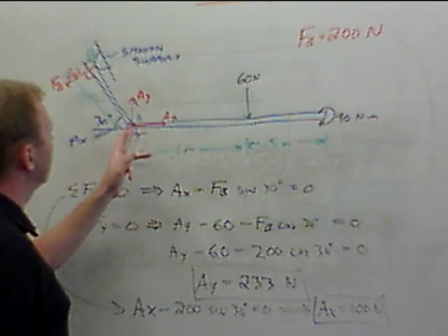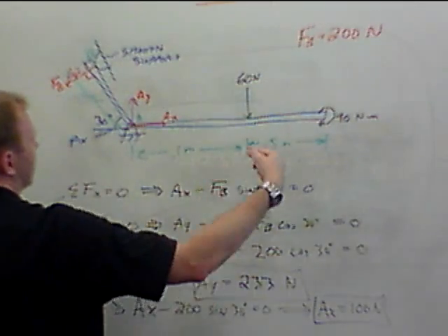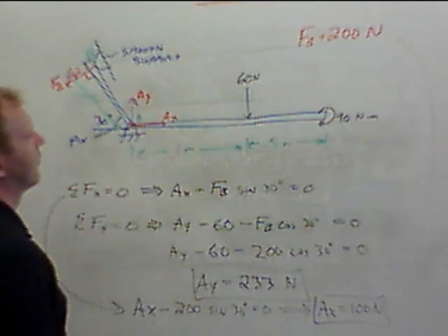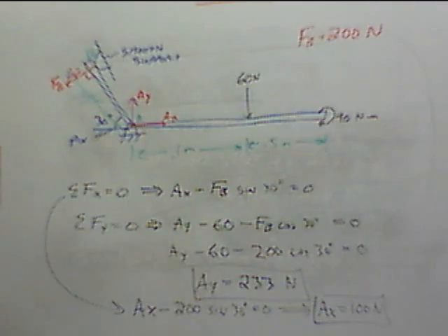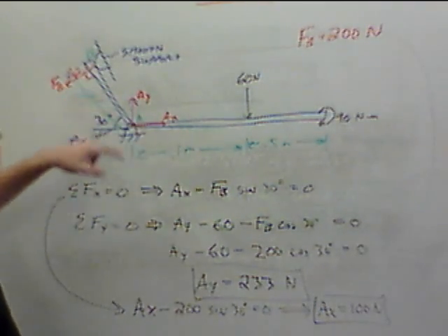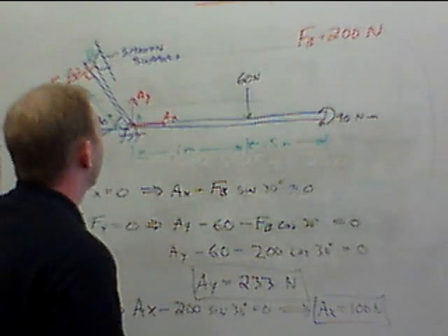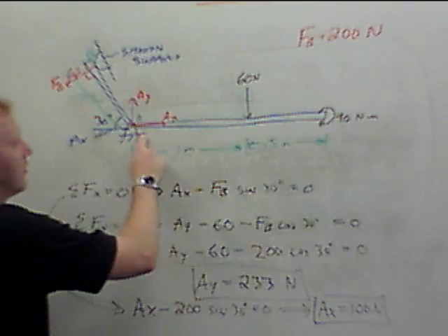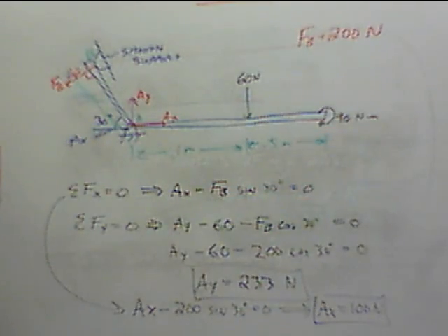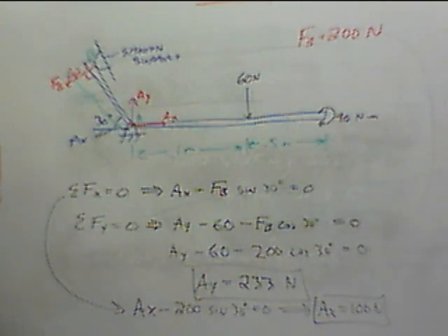This support here is holding it up, and it's pushing to the right, so it's keeping it from moving left. This thing's pushing this way, we need an equal force in the X direction pushing that way. So this resolves and tells us what the support forces are acting upon this beam, holding it in place.